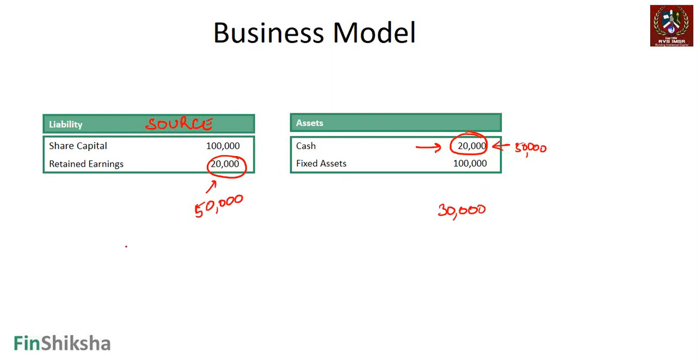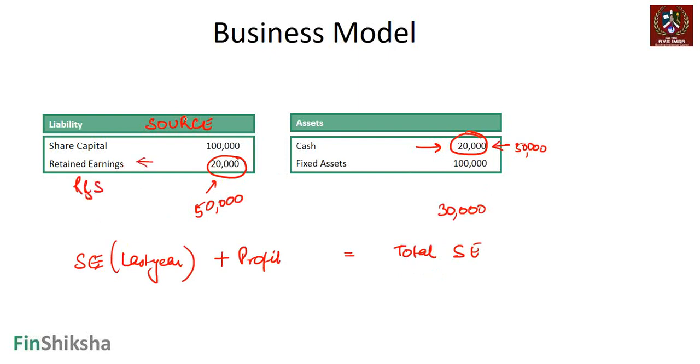So practically speaking, whatever profit you generate, if you look at share capital or shareholders equity of last year, plus the profit of this year, that should give me the total shareholders equity, which is going to get added to the retained earnings, also called reserves and surplus.